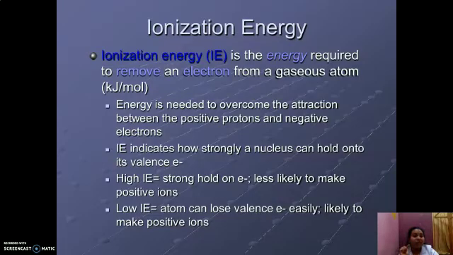So the amount of energy which we apply to remove an electron from the atom is known as ionization energy. For example, if you take sodium, its atomic number is 11. So its electronic configuration is 2, 8, 1. So if we apply a minimum amount of energy, the one electron of the valence shell will be removed easily.